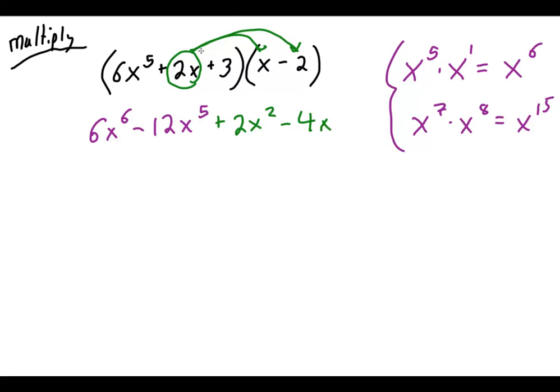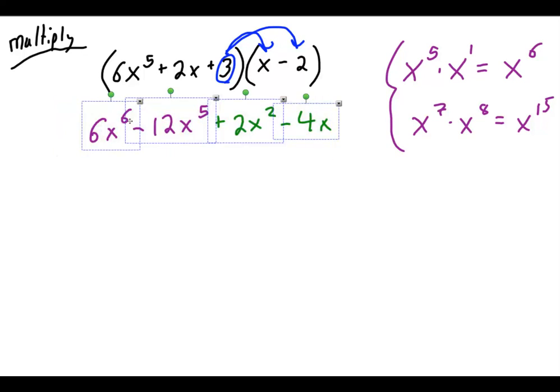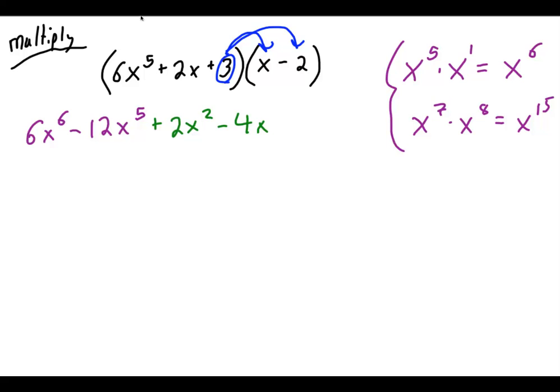And now we just have one more. This last term in our trinomial, we need to multiply to both of those. Let me move all this over. And that gives me 3 times x is plus 3x. 3 times negative 2 is negative 6.